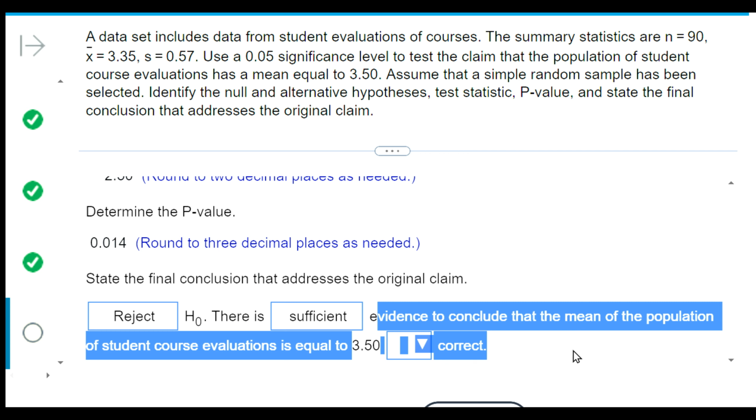And no matter what you did, no matter if you rejected or failed to reject, the end of this statement is always the same. This last part is always talking about rejecting H0 or supporting the alternate. Those mean the same thing.